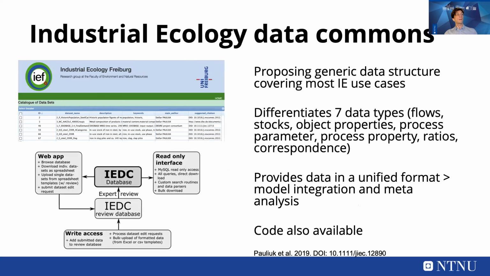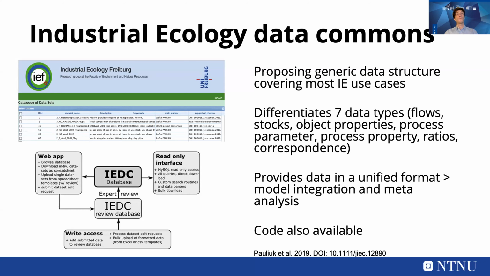And then something else, which Stefan could explain much better than myself, of course, is the Industrial Ecology Data Commons. Maybe you have come across this. It's openly available on the website of the University of Freiburg, in Stefan's group. There you can, by now, I don't know how many million data sets, download. It is really impressive work, again led by Stefan.